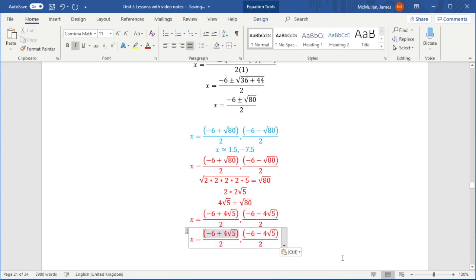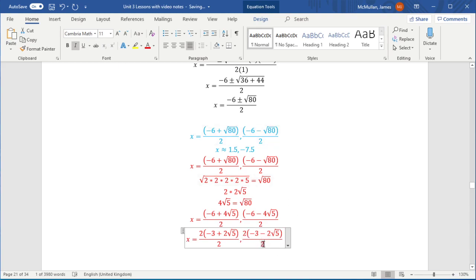So let's factor out a 2 from the top. This 6 becomes a negative 3, and this 4 becomes a 2. If I factor out a 2 on this side, this 6 becomes a negative 3, and this 4 becomes a negative 2.